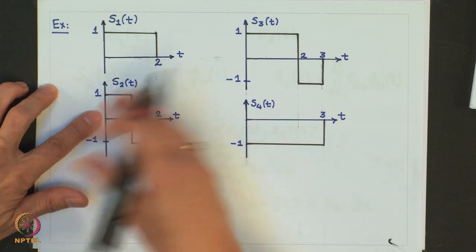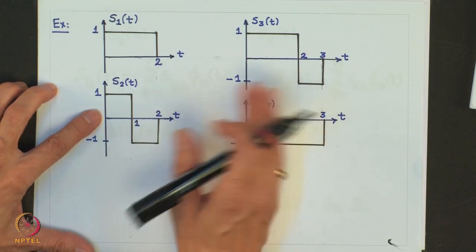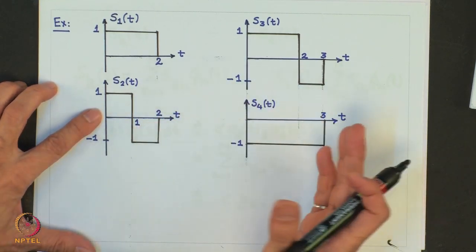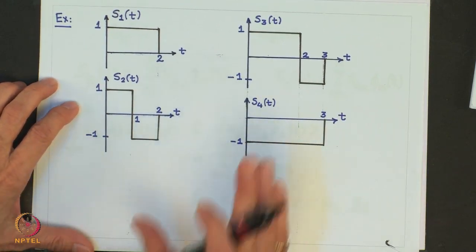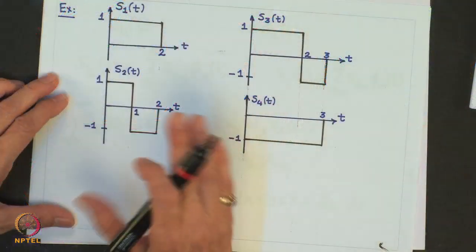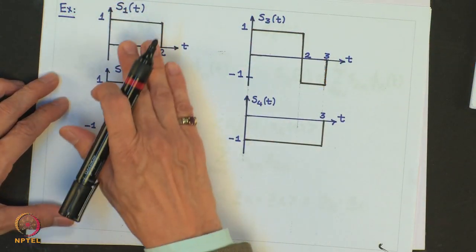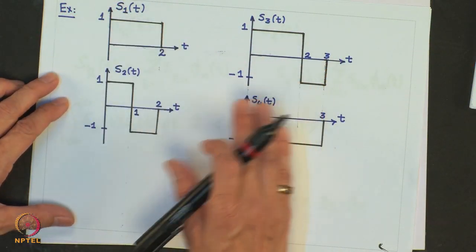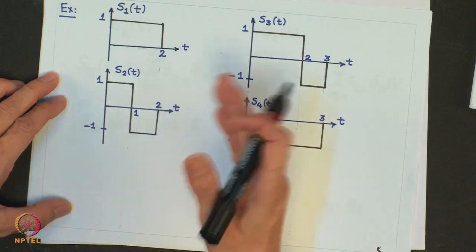So, if I get different orthonormal basis signals, the vector representation will also change, but it is important to note that the dimensionality will not change, correct. So, in this case the dimensionality will still remain 3. The representation of these signals as vectors will obviously change because the basis signals are changing, but the configuration of the vectors will not change.